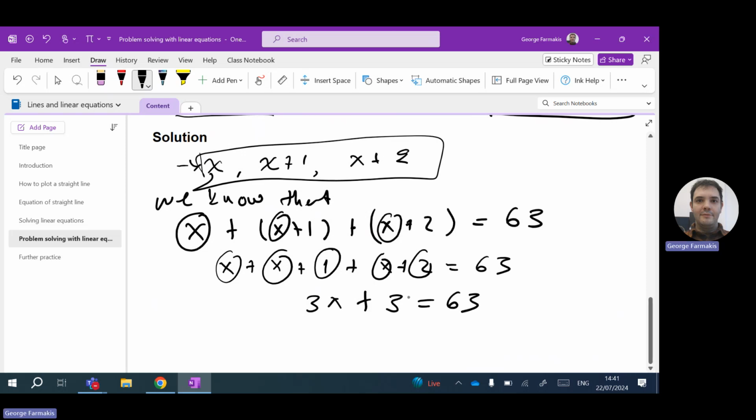I want to get rid of this 3. Okay, remember we want to write down x equals something, so 3x plus 3 minus 3. I want to get rid of the 3 to isolate the unknown.